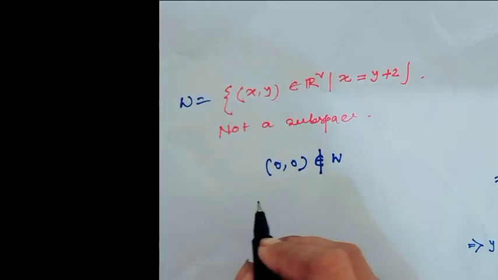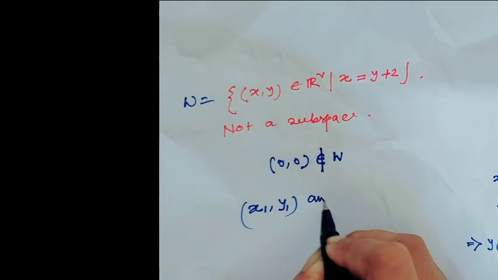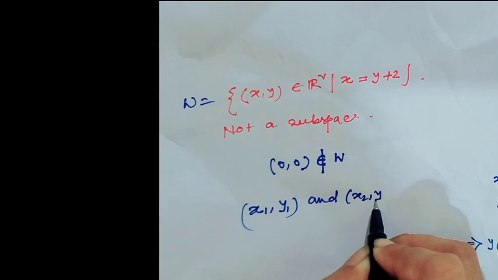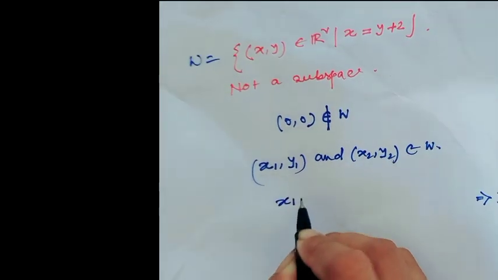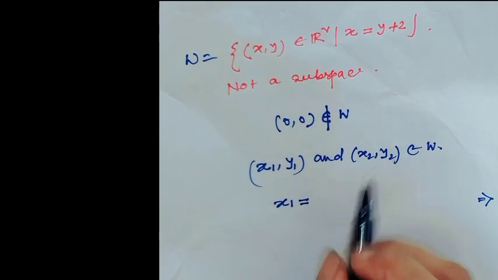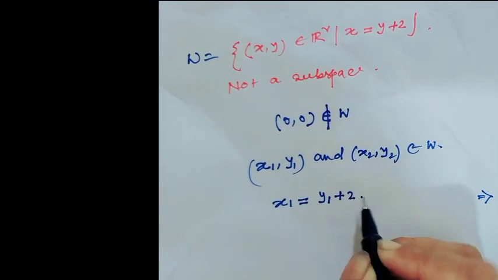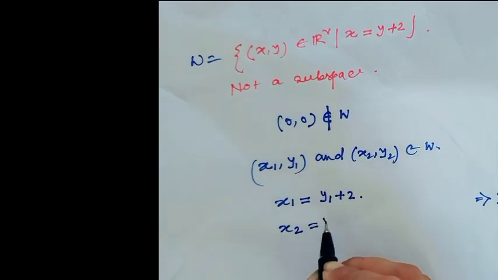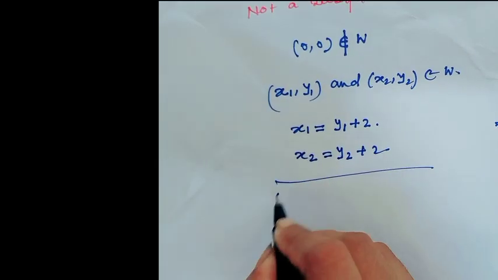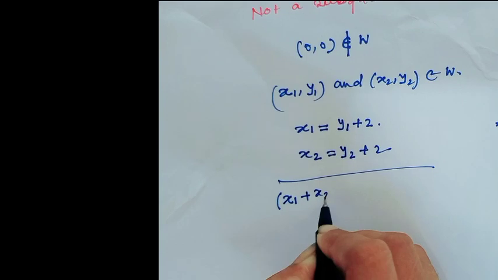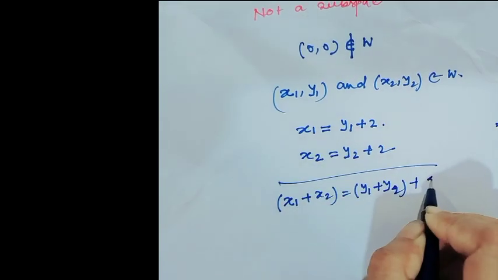Also, if we consider two vectors (x1, y1) and (x2, y2) from the space W, then since they are members of W, x1 equals y1 plus 2 and x2 equals y2 plus 2. Then their sum would be x1 plus x2 equals y1 plus y2 plus 4.